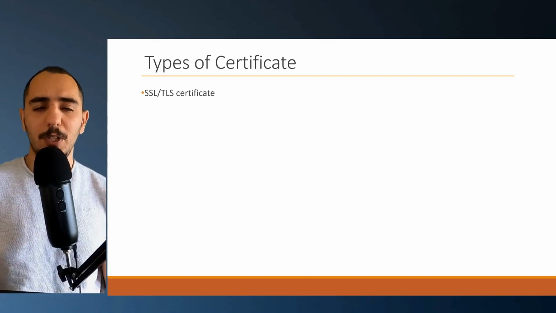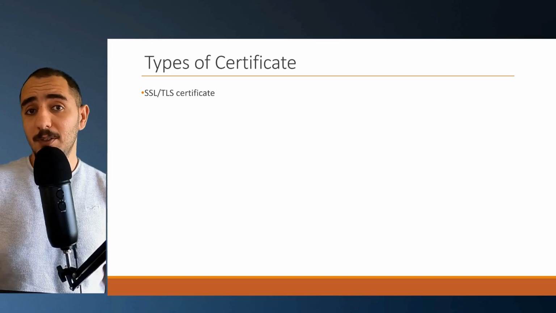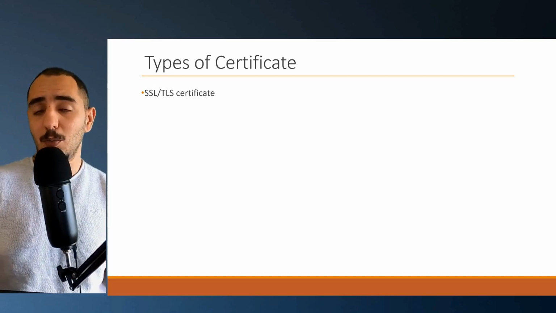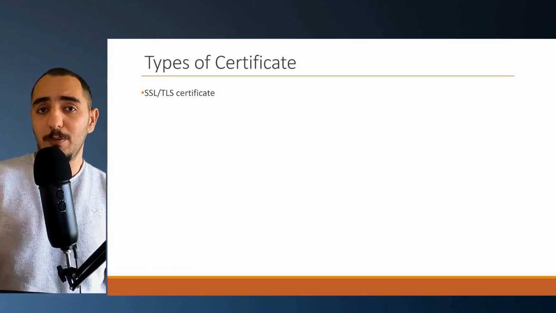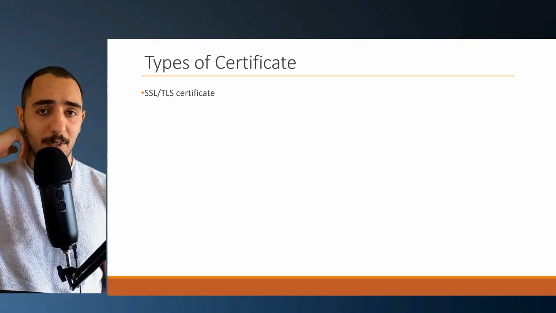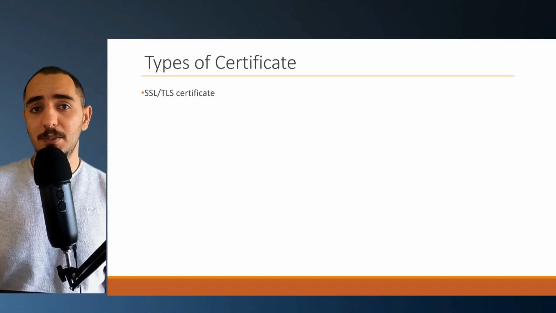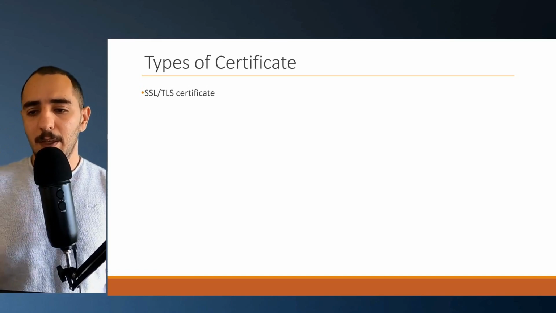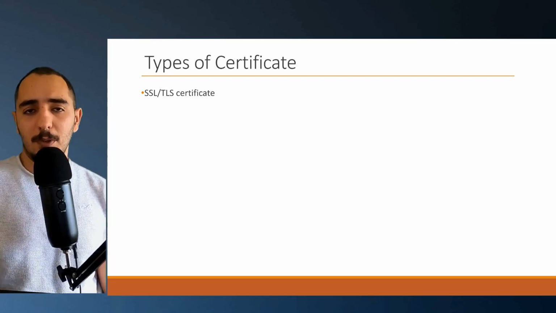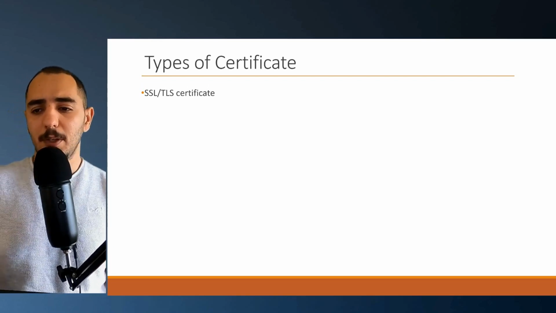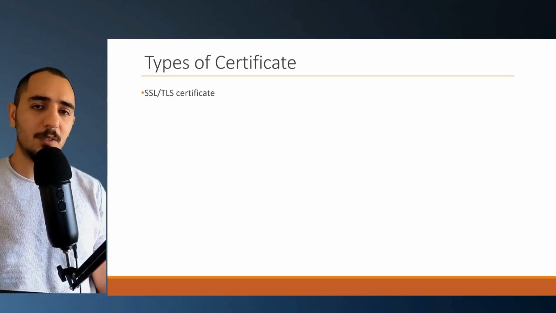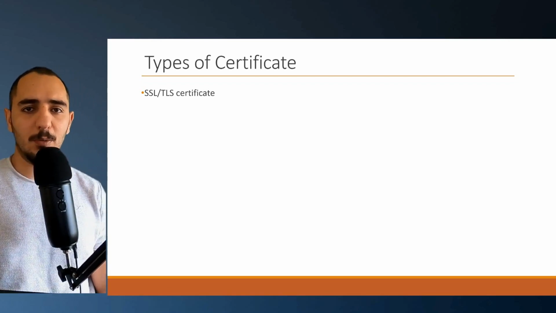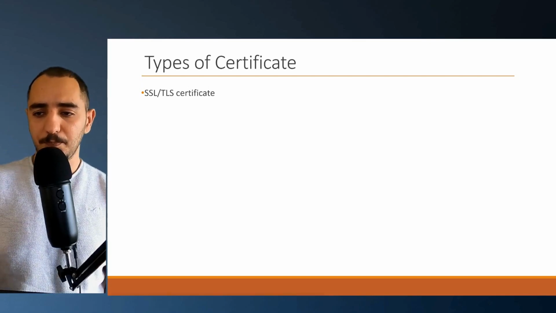It ensures that the communication is private and secured, and ensures that this website or web server, or whatever, like the mail server, is authentic. It's verified, and you provide integrity also. This TLS/SSL certificate is used by all these websites that you browse to publicly.